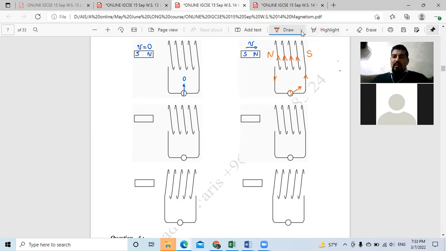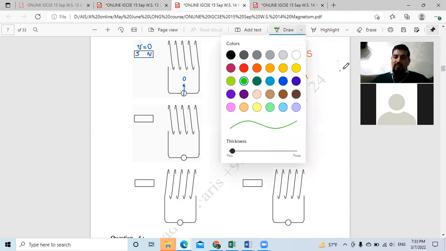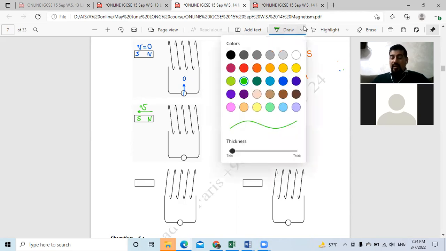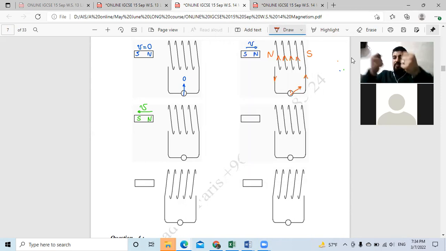Again, if I move the magnet, this is the north and this is the south, and I move the magnet away from the solenoid. Like I'm trying, Adham, to hold your shirt and pull you towards me. What you will do, your body will move backward a little bit.